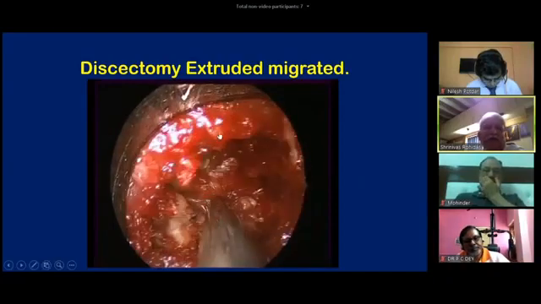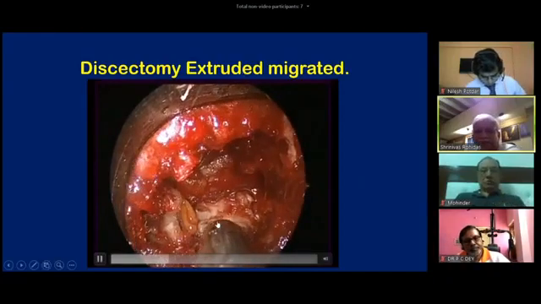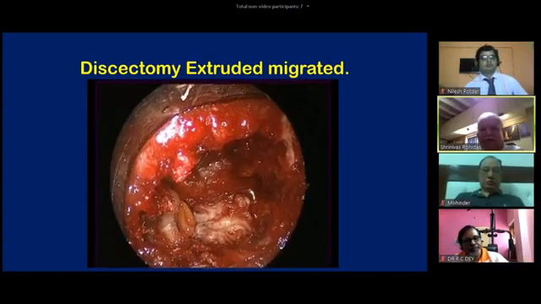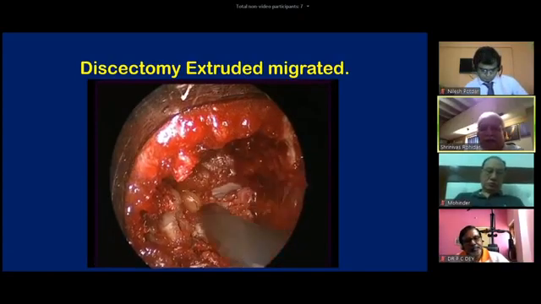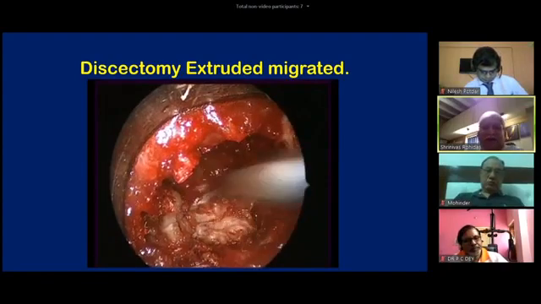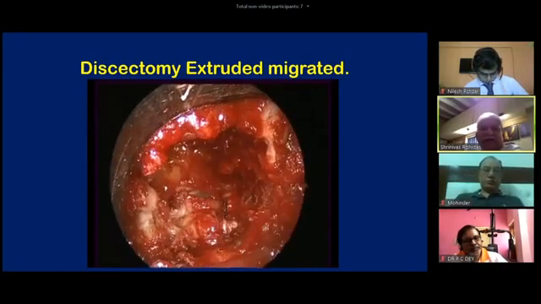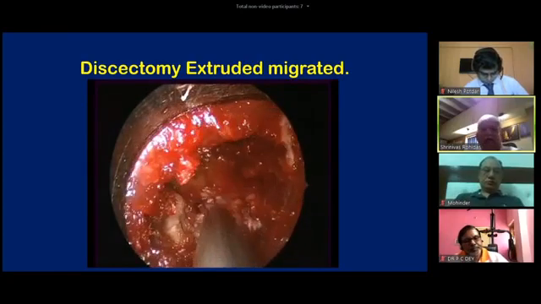This is cranial, caudal, medial, lateral. When the cranial end is at the right hand of the surgeon or the screen, it is right sided. When the cranial end is at the left hand, it is the left sided approach.